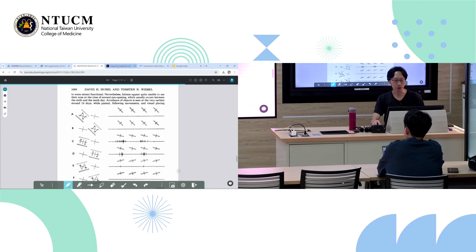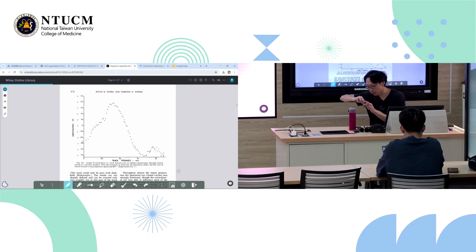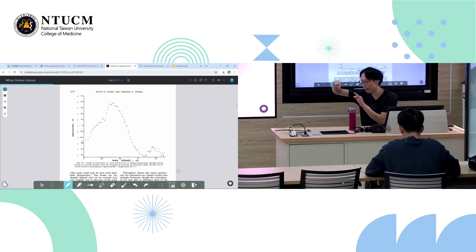That led to further work, and this is their later work, I think 1968, where they followed along the visual cortex from a start point, in a straight line, sampling neurons further and further away.